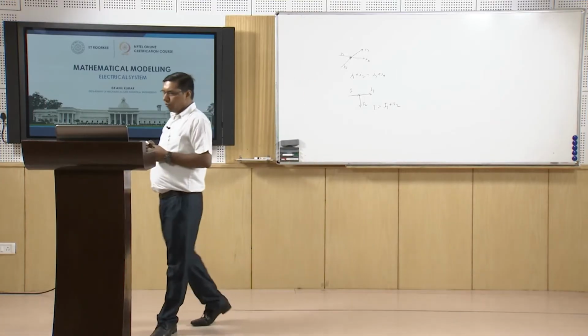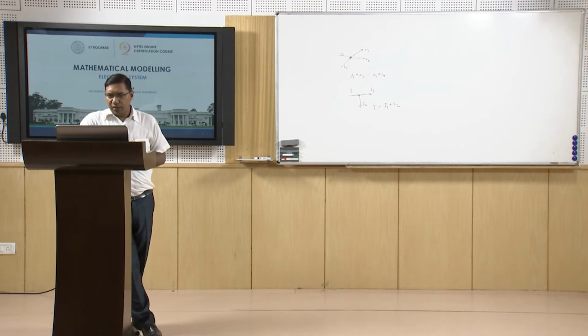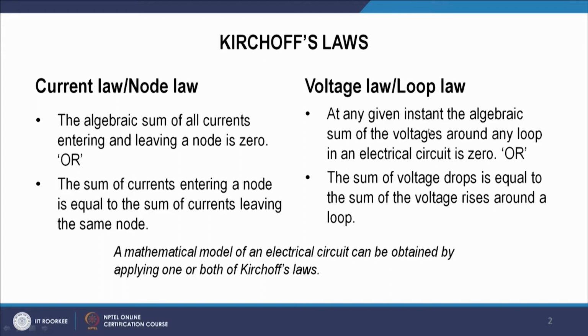Now, the voltage law or loop law tells that at any instant the algebraic sum of the voltages around any loop in an electrical circuit is 0, or the sum of voltage drops is equal to the sum of voltage rises around a loop.